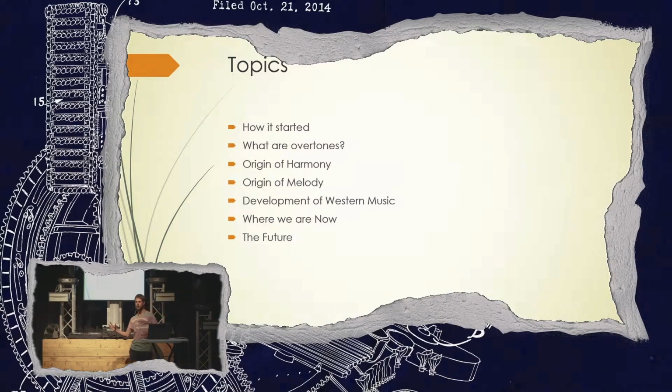Then I will take that as a starting point and explain how Western music developed throughout the years, up till the point where we are now, the chromatic system that we use today with the 12 notes. And then I will look into the future as far as I'm able to, and see what possibilities we have, and maybe how we can use overtones to explore new paths that we didn't explore for the last few hundred years at least.